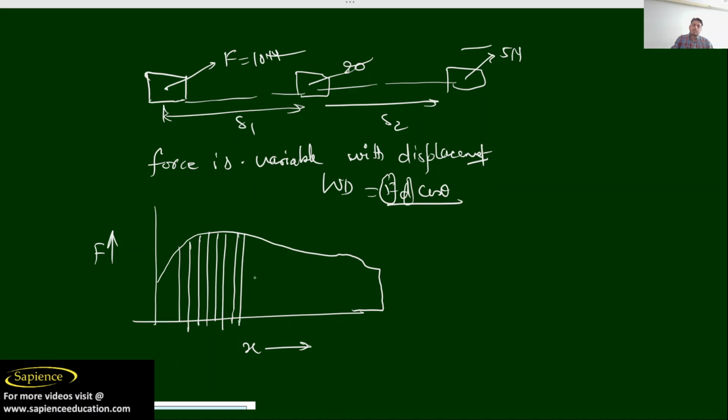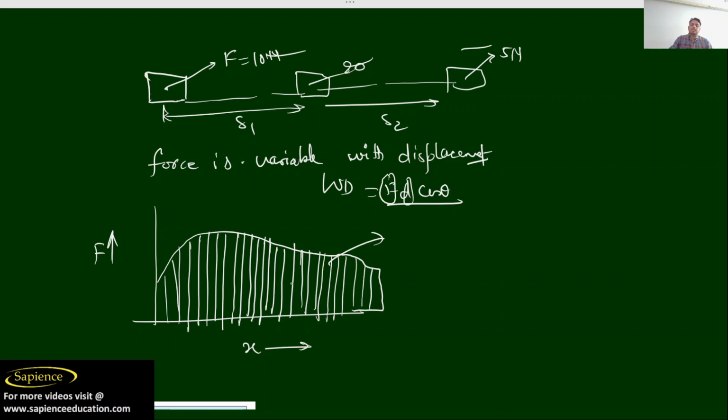If we collect all the small steps, then what will happen here? We can find an area. And what does the area of the force and displacement curve give you? The area of a force and displacement curve gives the work done.